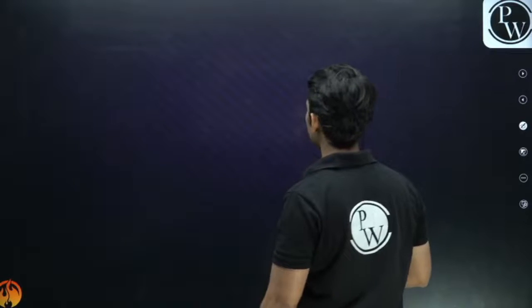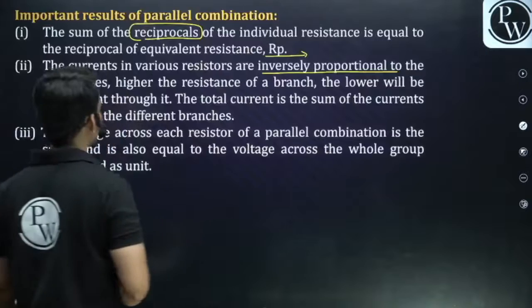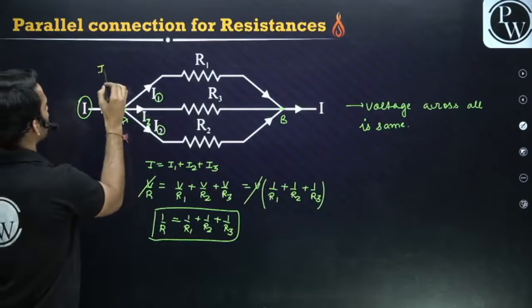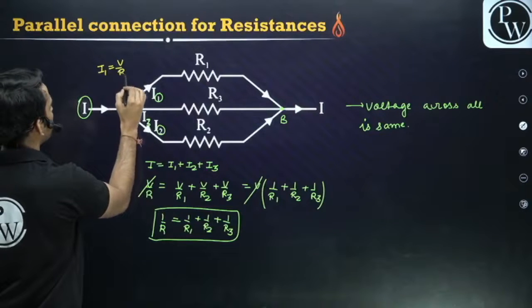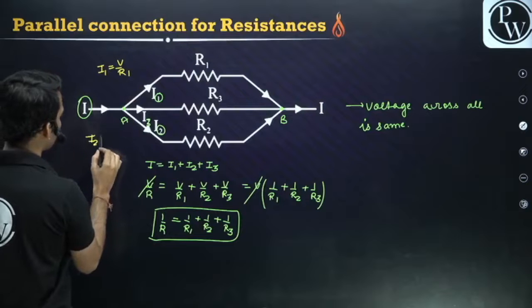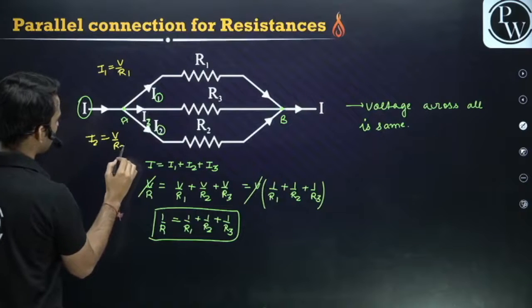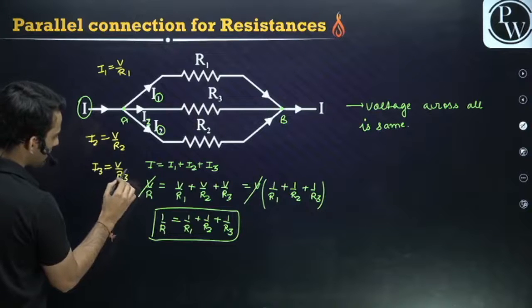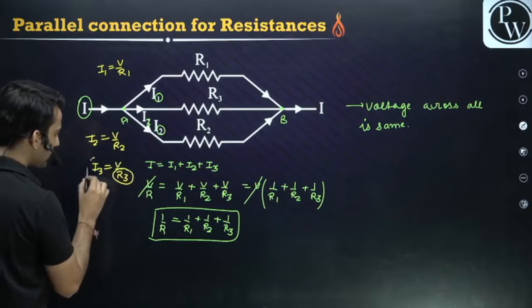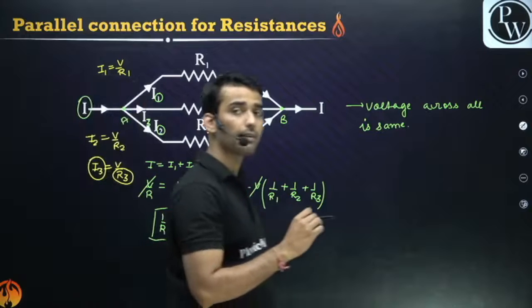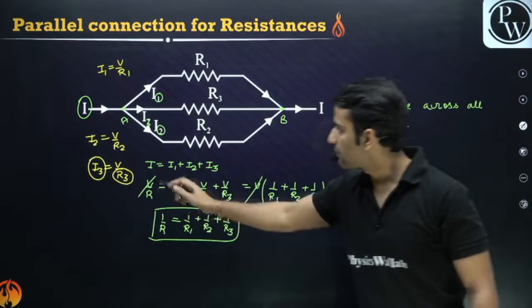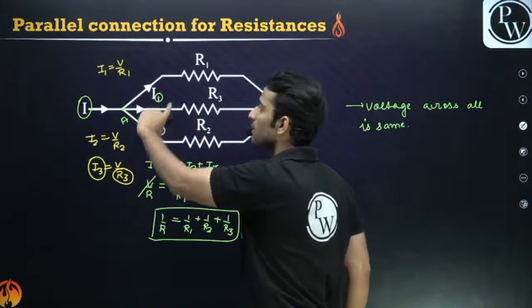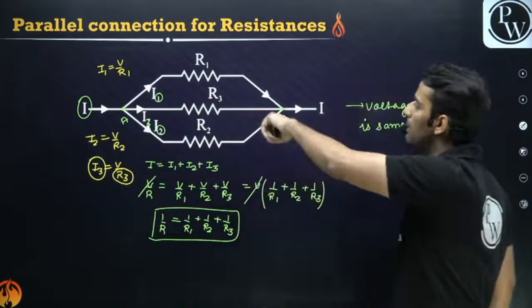Can you see from here that I is V by R, I1 is V by R1, I2 is V by R2, I3 is V by R3? So you can see the current through each resistance and the value of that resistance are inversely proportional. More resistance means a lesser current through that resistance or through that branch.